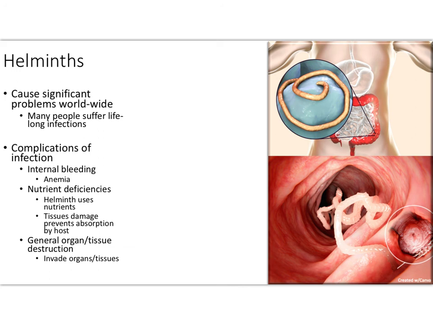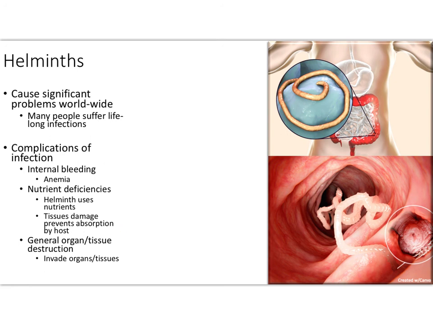But if you're in a situation where a child only has one meal a day, or they're only getting one source of food, maybe they're only getting rice, or they're only getting eggs, or they're only getting some type of fruit or vegetable, and not much else during their day-to-day activities, then that can be especially problematic because the little nutrients the child is getting are being absorbed by the helminth.